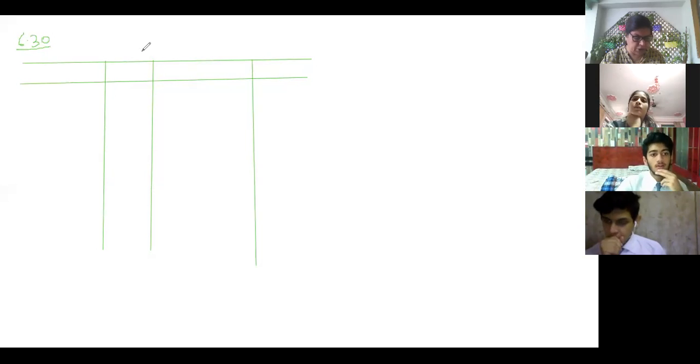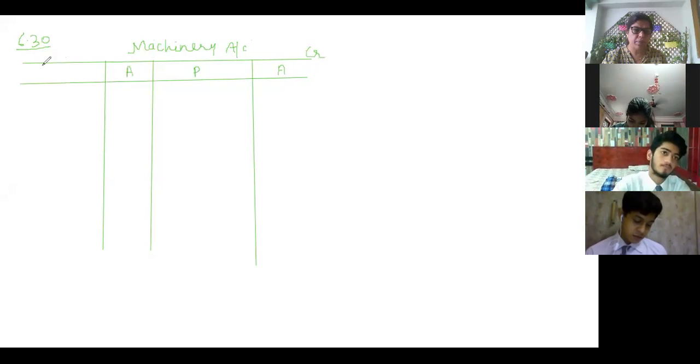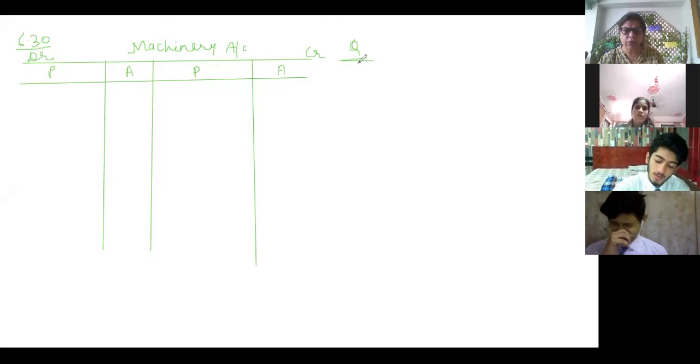In this question, we have to prepare machinery account. This side is credit. This side is debit. Okay. And I am going to give you the question. Please note down. Those who don't have the book, don't worry. Note down the question.